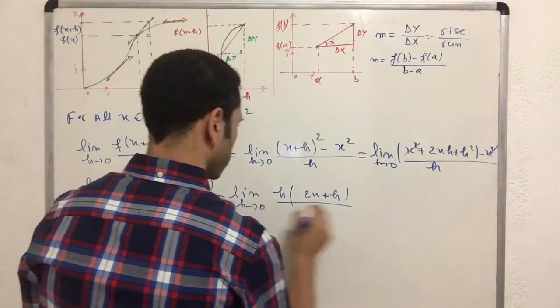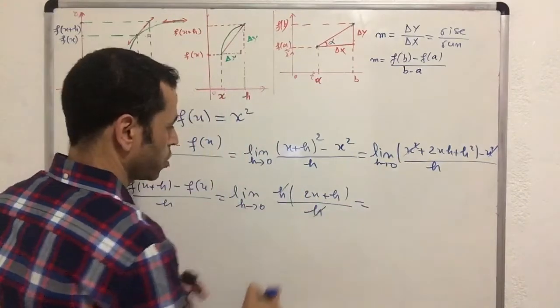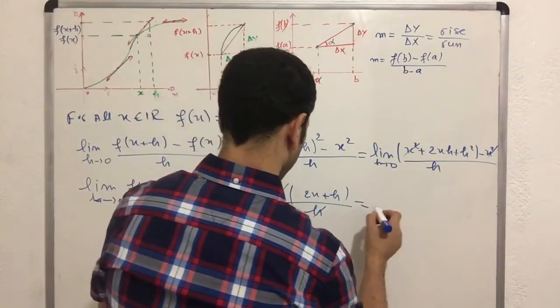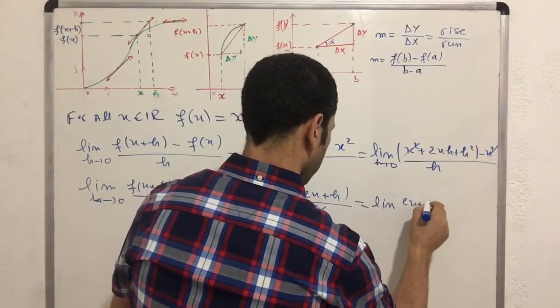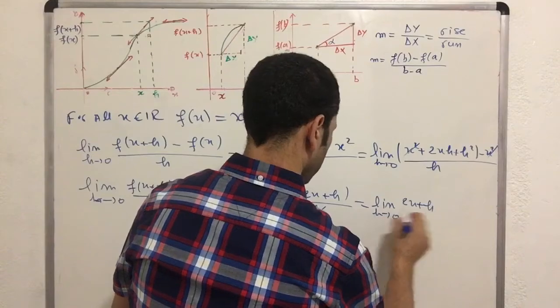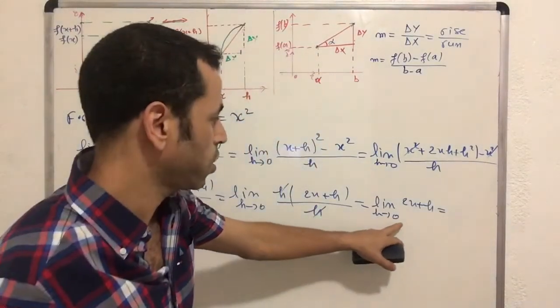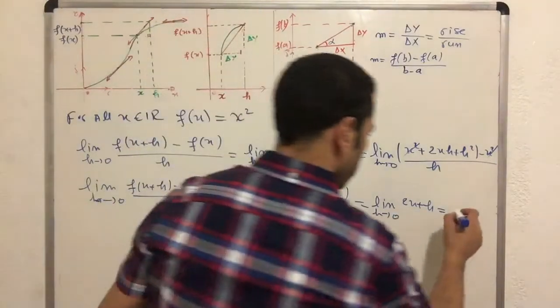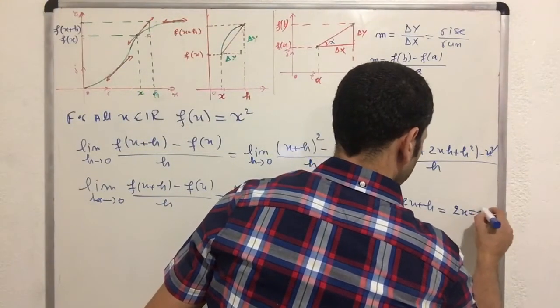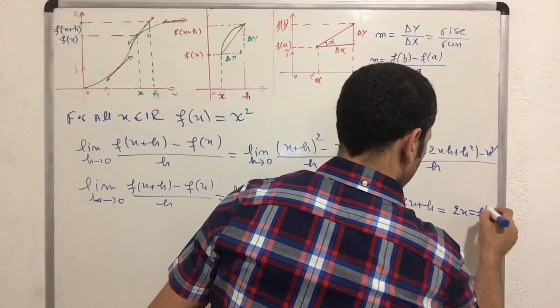h is approaching 0. You are going to cancel h with h. So your limit is 2x plus h, where h is approaching 0. Let's plug in 0 for h. It gives you 2x, which is f prime of x. That's what I'm looking for.